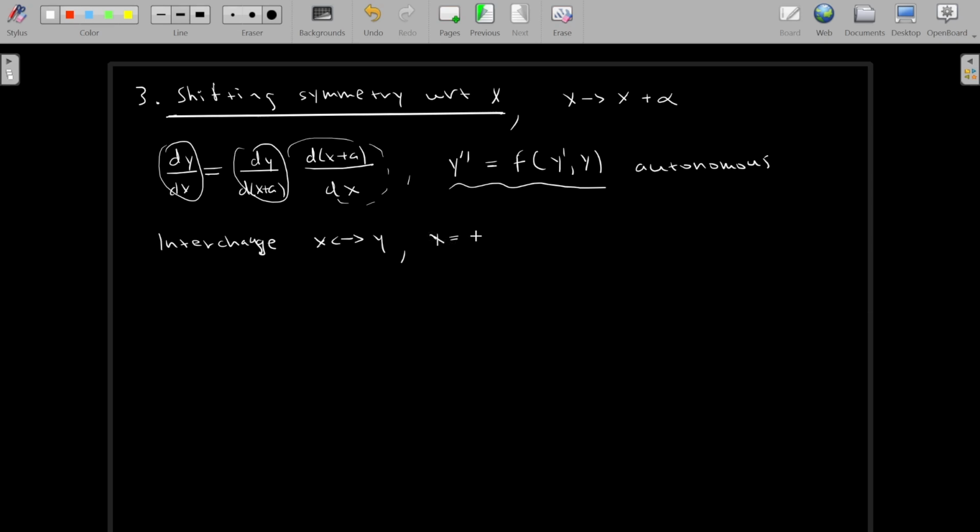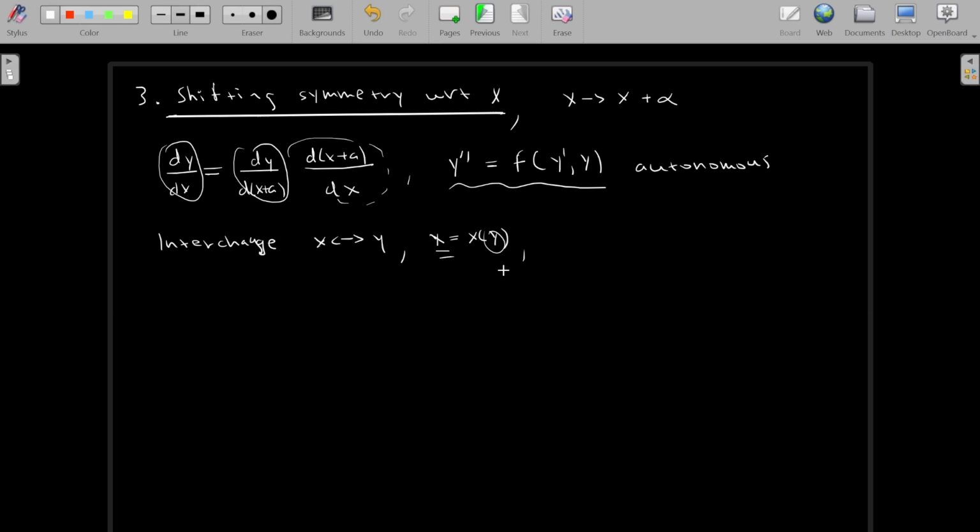So x is equal to x of y, where now y is the independent variable and x is the dependent one. And x is now the unknown function to find, in order for the shifting symmetry of the old independent variable to be a shifting symmetry of the new function.